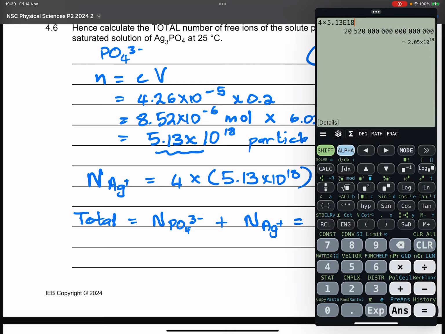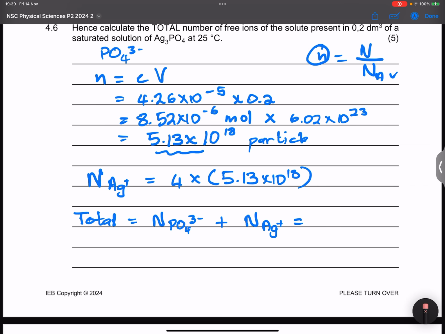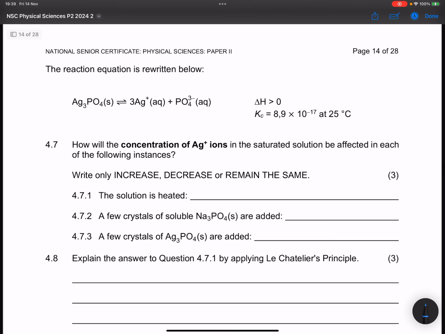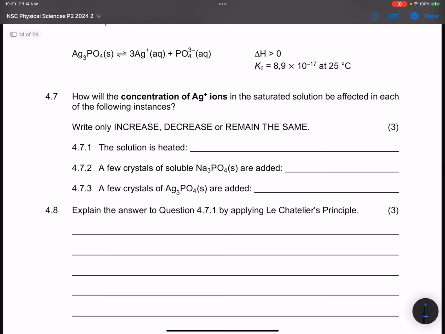Okay, and we get a number 2.05 times 10 to the power 19 particles, right? So that's what we have in total. Right, so those are all the free particles that we would have been able to obtain. Right, let's go on to the next question.